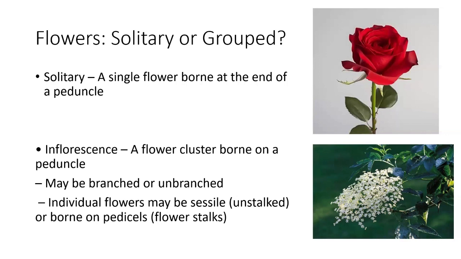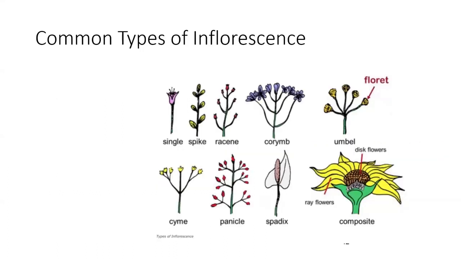Some can actually be sessile, or unstalked, while others have a little stem, if you will. Some common types of floral arrangement or inflorescence: solitary or single. Others include spike, raceme, corymb, umbel, cyme, panicle, spadix, or a single ray and disc flower. Again, I want to mention in the handout that I've given you guys, I've listed some of the common inflorescences. So again, that's the arrangement of the flowers and how they look.